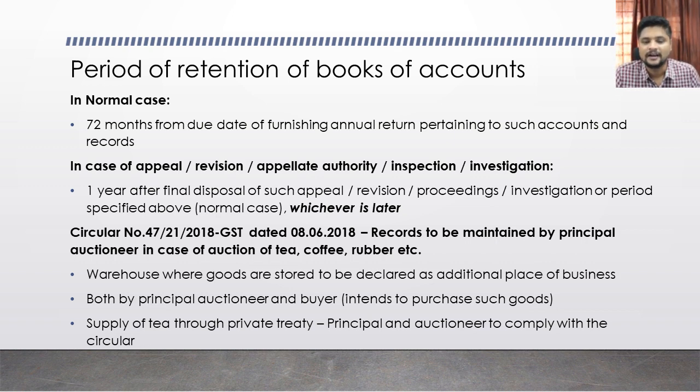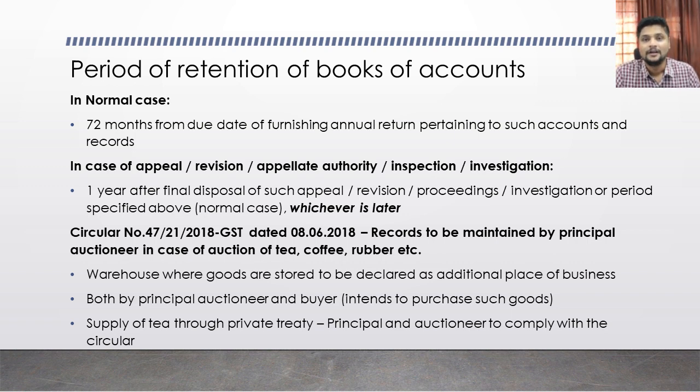The circular says that the records that are to be maintained by principal auctioneer in case of auction of tea, coffee, rubber, etc. Because generally tea, coffee or rubber are auctioned to certain suppliers, because there are so many persons who will be harvesting tea, and they will be growing tea and they will sell the tea to the market. There is a government body as well which regulates the auction of tea. So the tea and coffee are generally auctioned to the outside suppliers.